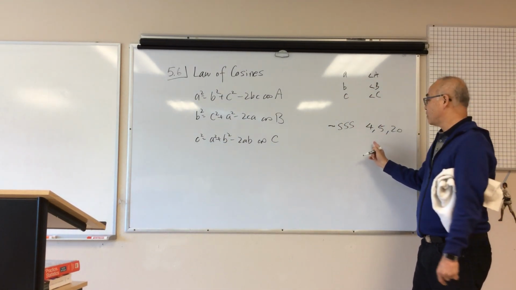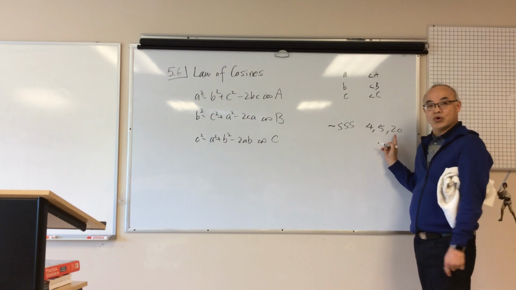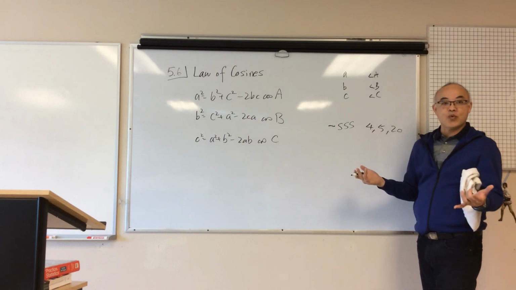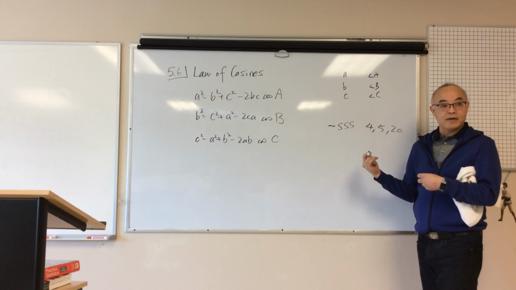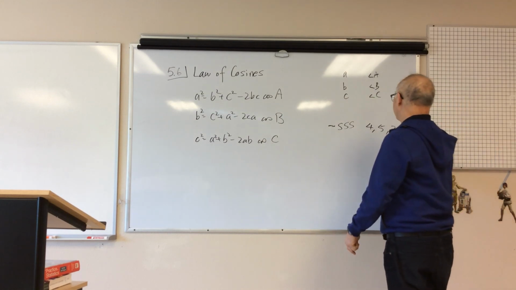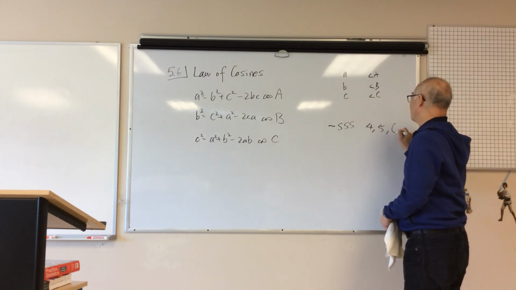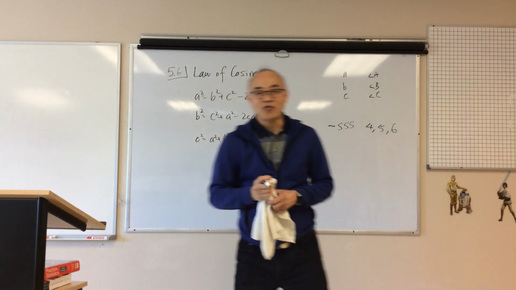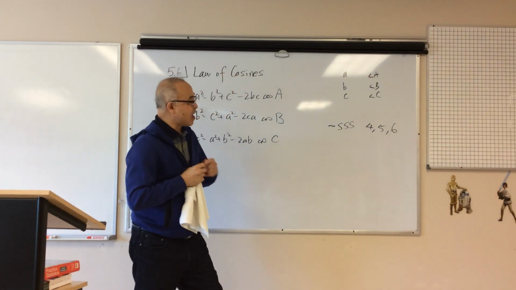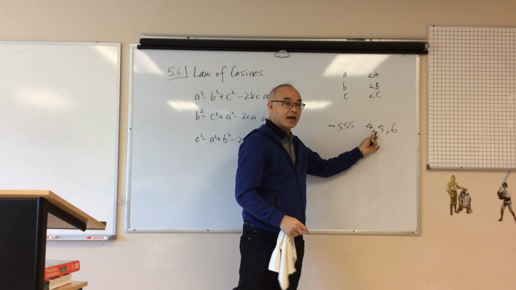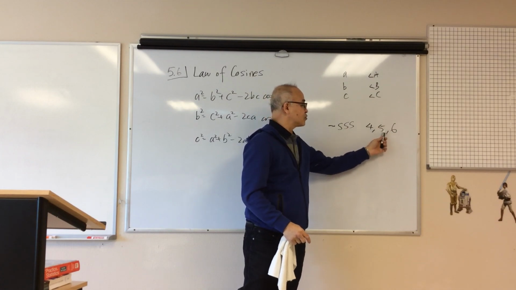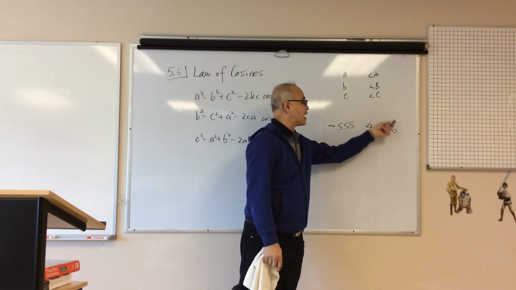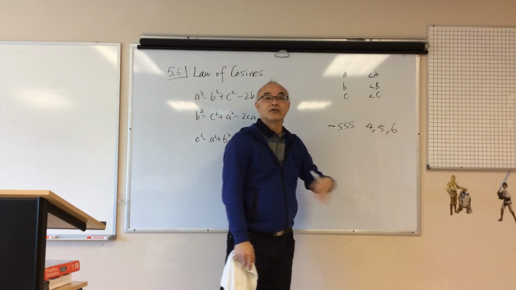These two added together are shorter than that, so there's no way there's going to be a triangle on this one. Okay, so let's say it was 4, 5, and 6. Now, I add these two together, 9 is greater than 6, 11 is greater than 4, 10 is greater than 5, so I'm good to go, right?